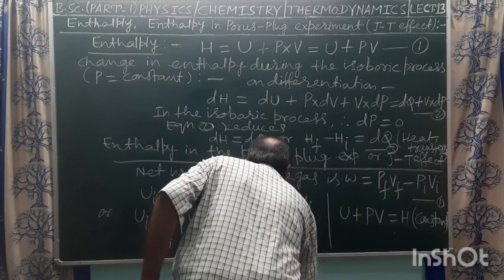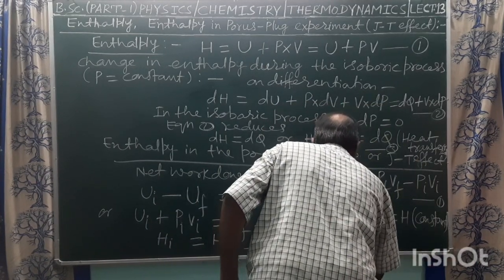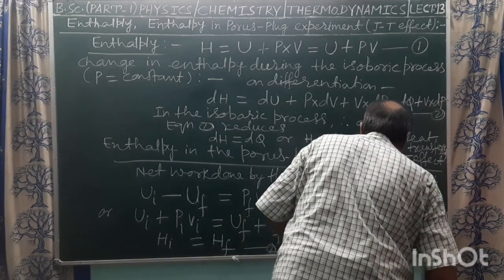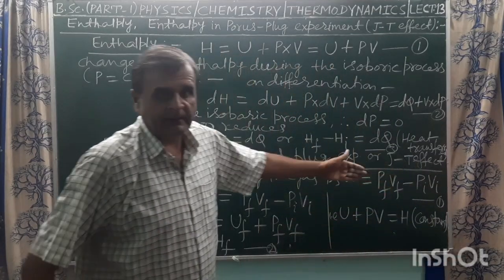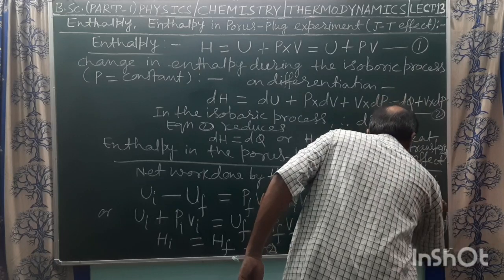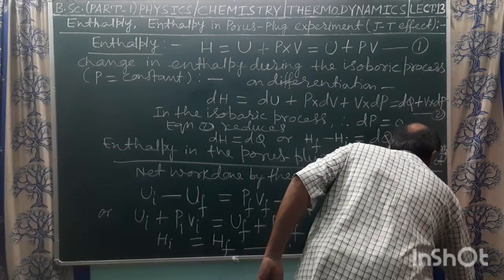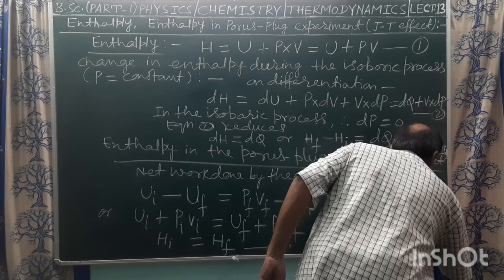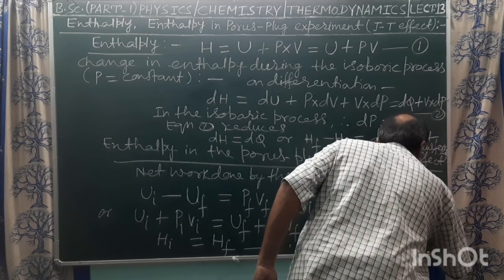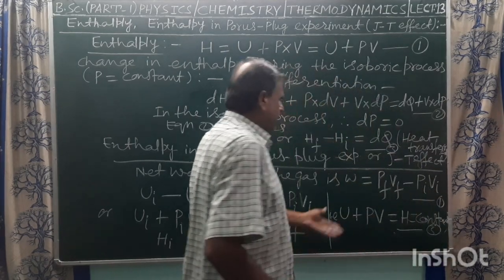And that means we can write the quantity U plus PV, which is H, enthalpy H remains constant. H equals to constant during the porous plug experiment or in Joule-Thomson effect or in the throttling process. Say it is equation number 3.